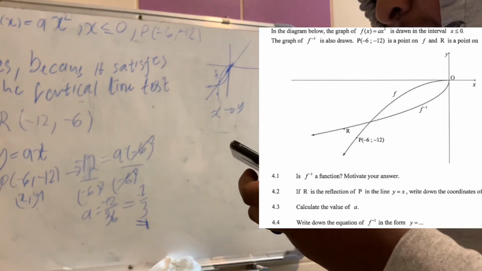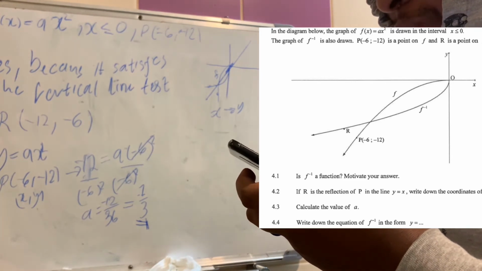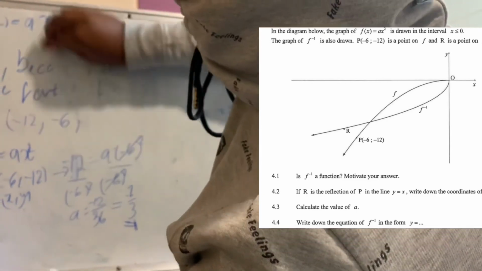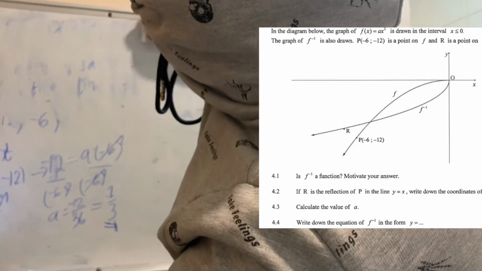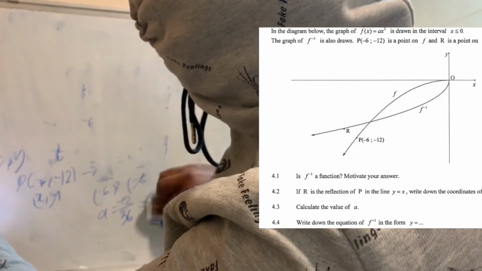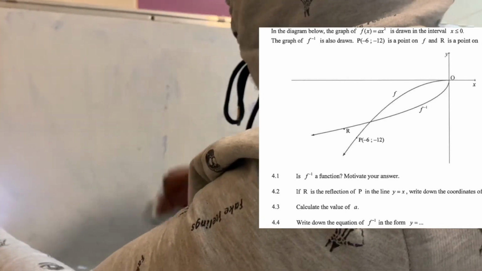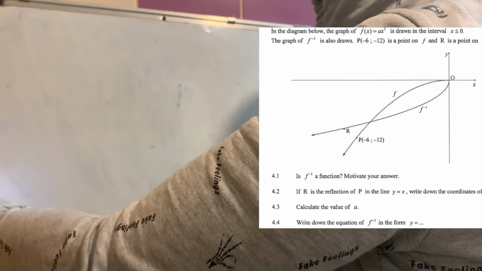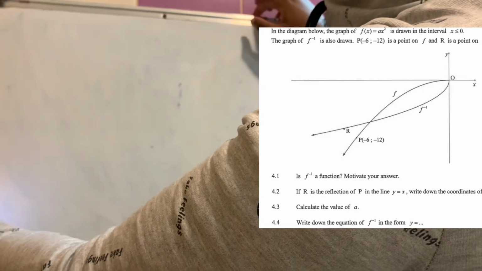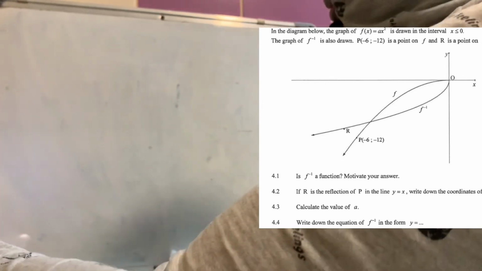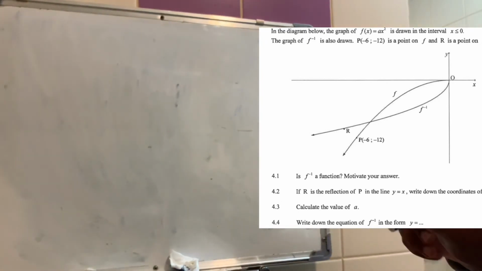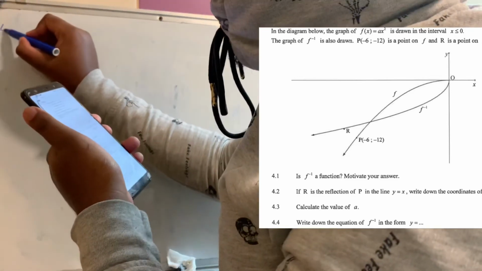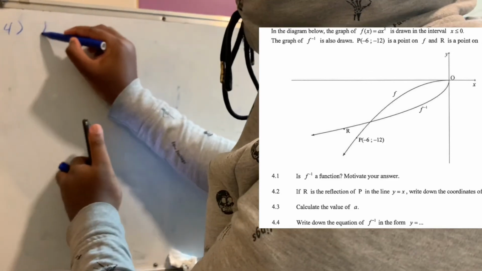Now, the last but not least, number 4: write down the equation of the inverse of f, in terms of y is equal to something. How about the inverse, f minus 1?